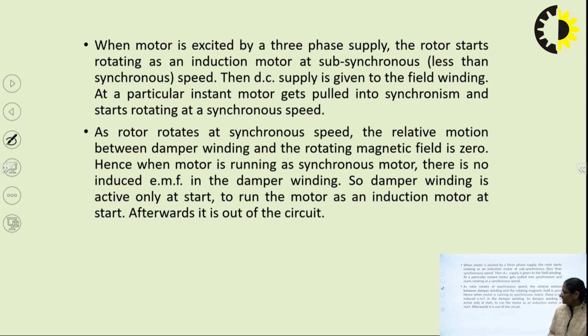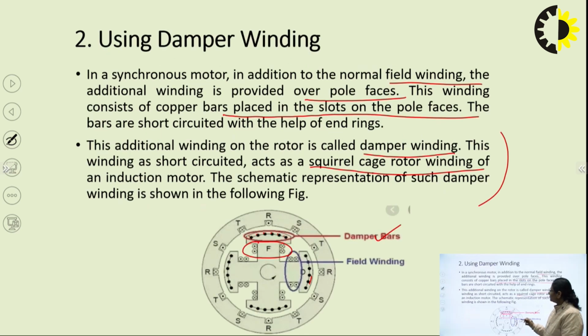This rotating magnetic field, just like in a three-phase induction motor, produces an EMF in the damper winding. Damper winding is a closed circuit. So, because of the induced EMF, a current starts flowing in the damper winding, which gives rise to its own magnetic field, and just like a three-phase induction motor, a torque is developed over the rotor in the same direction as the direction of rotation of the rotating magnetic field produced by the stator, right?